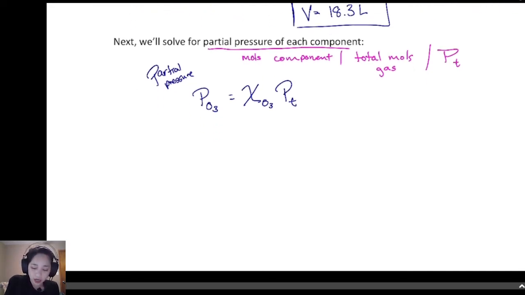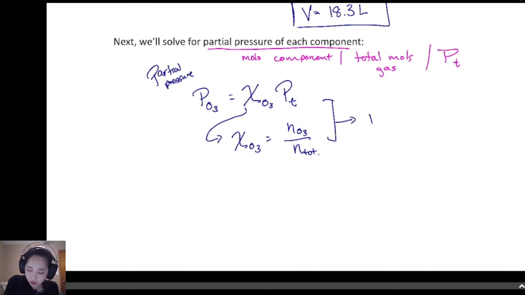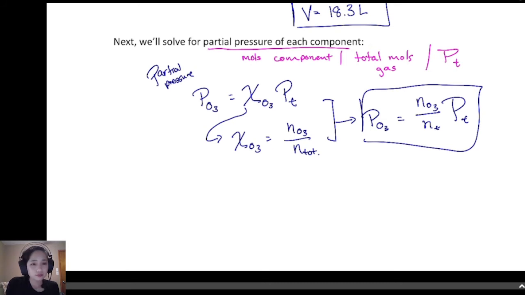In order to get the mole fraction of ozone, we need the number of moles of ozone over total number of moles. So partial pressure of ozone is equal to moles of ozone over total moles times total pressure. Great. So now we have an equation, and we know all of these values, so we can just plug it in and get it.